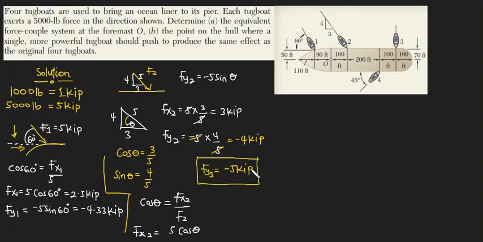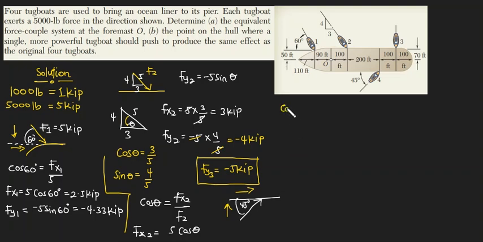Okay, so let's do the same for the last force also. For the last force, we have it acting in this direction, making an angle of 45 degrees with the ocean liner. So it will have components in this direction, the x component and then the y component. So let's take the cosine of that angle.